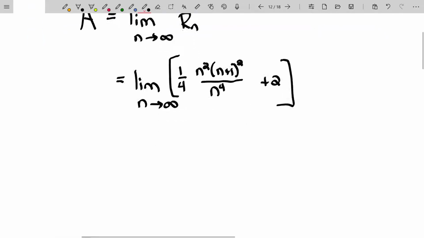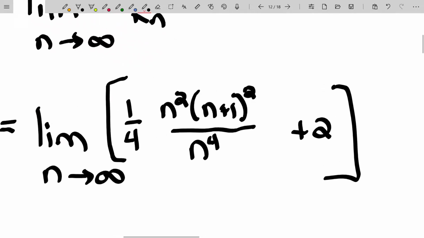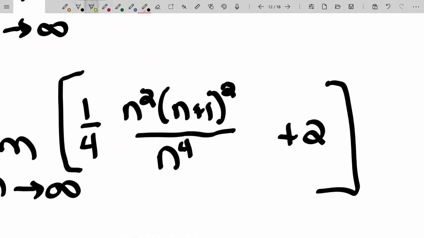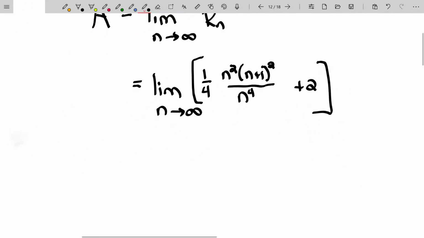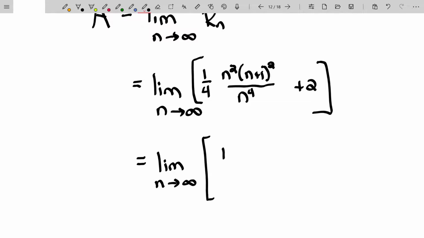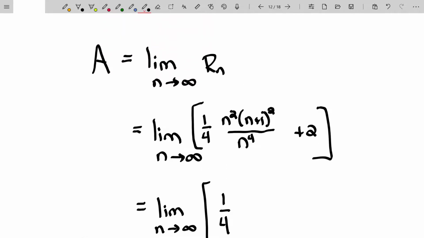Now, as n goes to infinity, you could divide both numerator and denominator of this very first fraction by n to the 4th. Doing so, you'll get the following. This is equal to the limit as n goes to infinity. Again, I'm just dividing the numerator by n to the 4th and the denominator by n to the 4th.